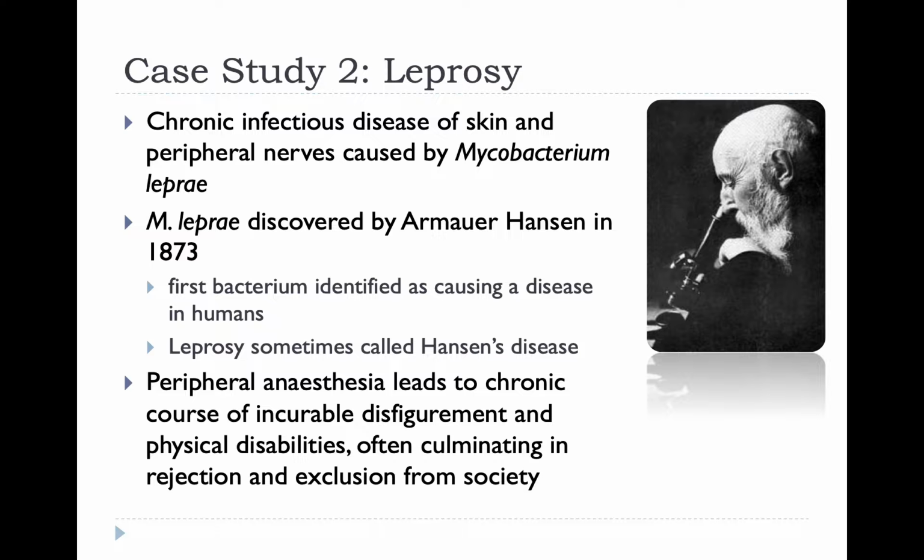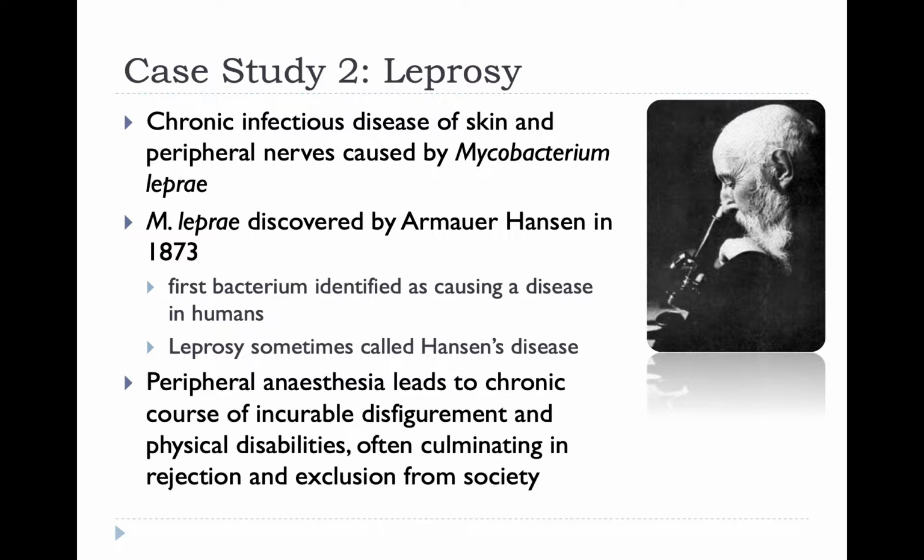And what happens with this disease is that it destroys the nerves, and this leads to anaesthesia, peripheral anaesthesia in the hands, the feet, and so forth. And what happens is that people end up cutting themselves.